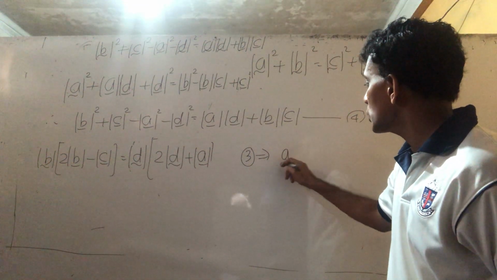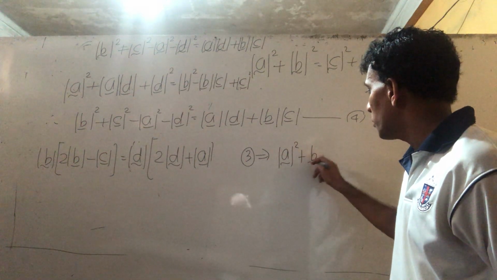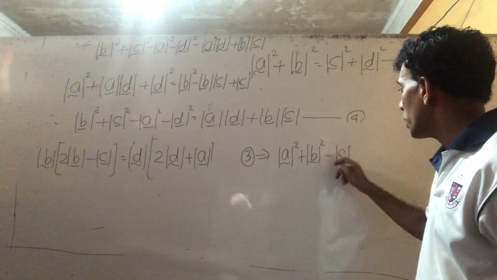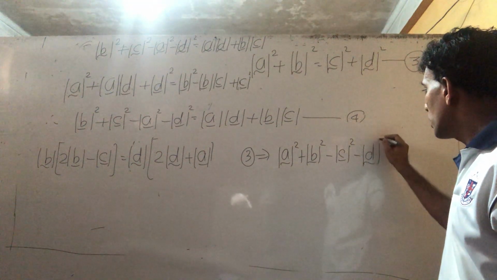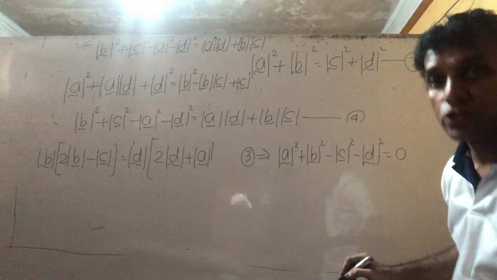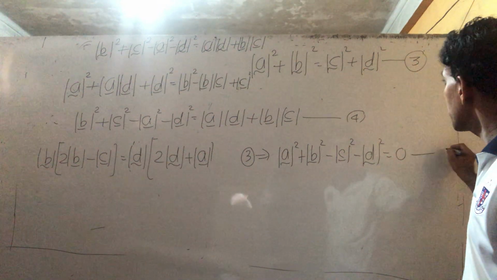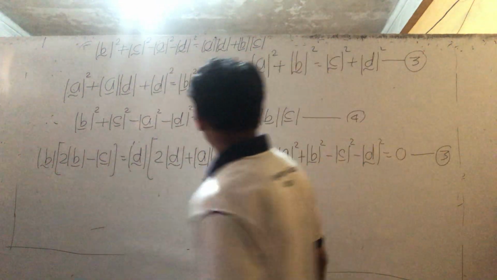Mod A square plus B square modulus minus mod C square minus mod D square equal to 0, or 0 vector. We have all the numbers, therefore 0. I said this again, the third equation.